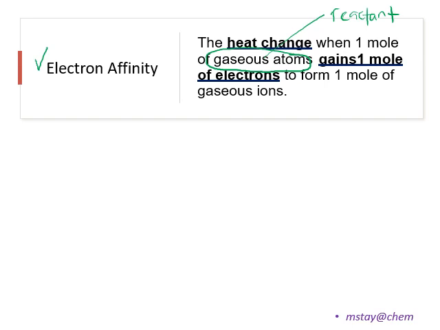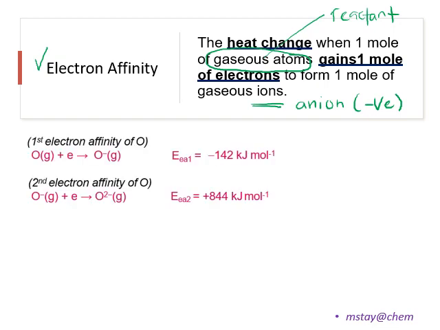The physical state is still gas, but this ion becomes an anion, which means it is negatively charged. For example, the gaseous oxygen atom gains 1 mole of electrons and becomes O-. This is the first electron affinity.